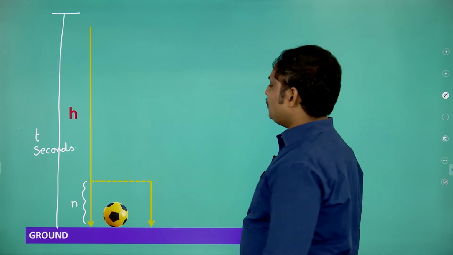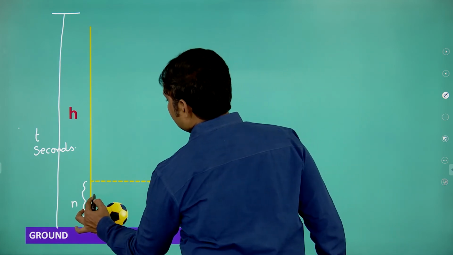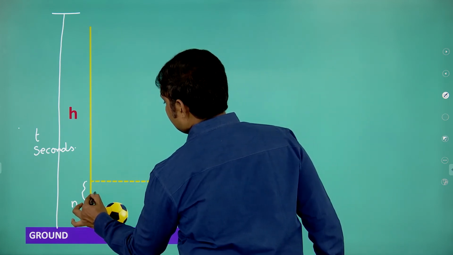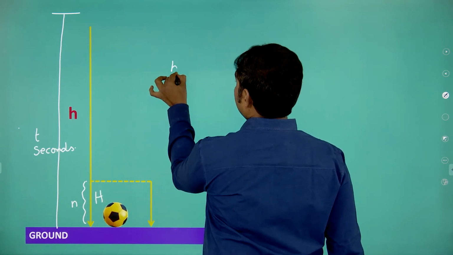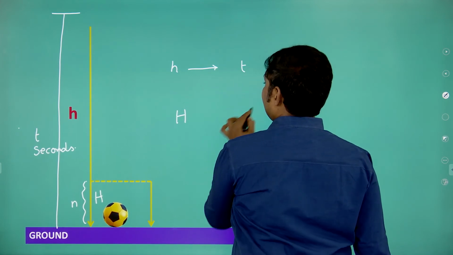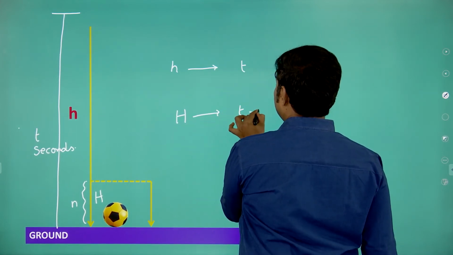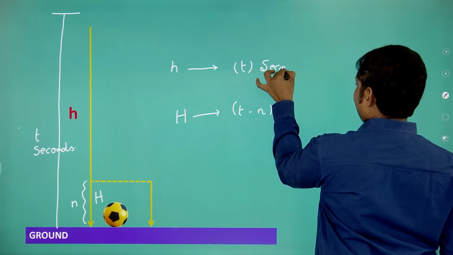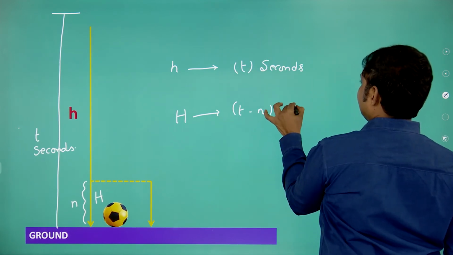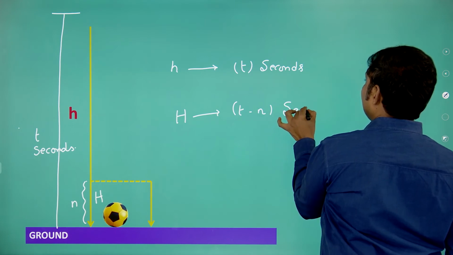Now you can confirm this is going to be the height, which is capital H. So H is the distance reached in t seconds, and the last part is t minus n seconds.